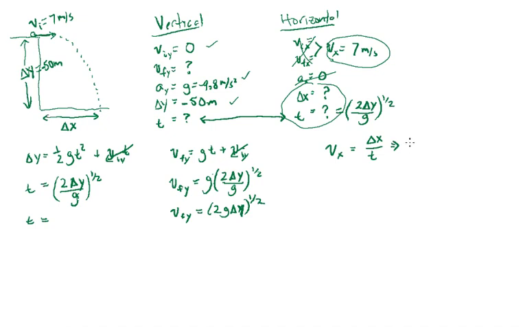We can solve for it, and we get that displacement equals final velocity, or velocity in the x direction, times time, in which case delta x then equals our velocity. We could plug that in. It would be the 7, and then times this 2 delta y over g.